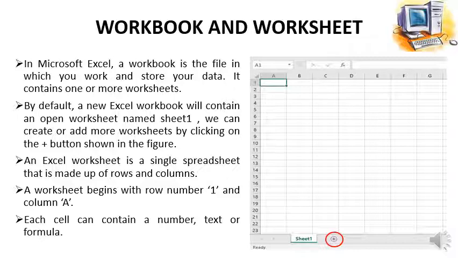Every cell can contain either a text, a number or any formula or function, and the value which is given by that function can be contained in a single cell.